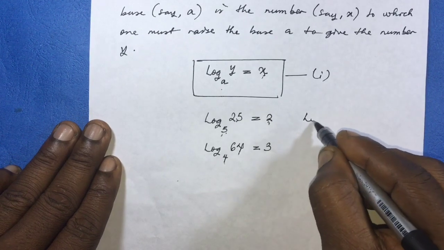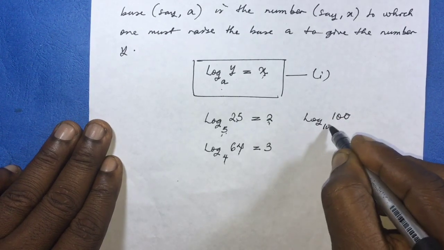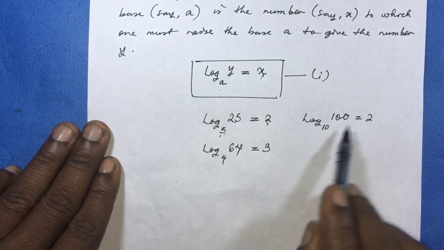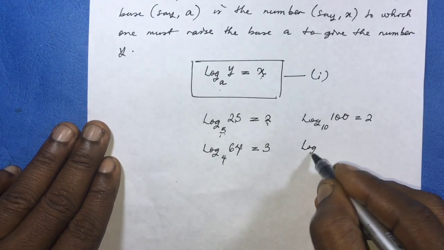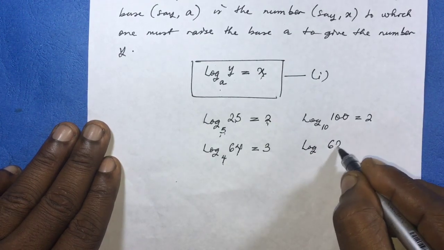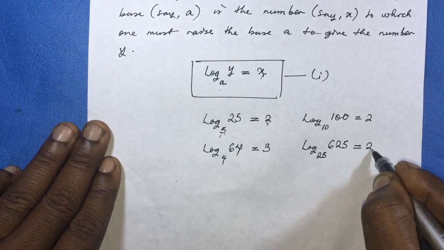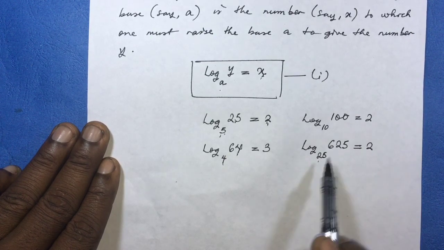Let's look at another example. The logarithm of 100 in base 10 is 2, simply because 2 is the only number to which you would raise 10, the base, to get 100. The logarithm of the number 625 in base 25 is 2, because 2 is the only number you would raise 25 to give 625.